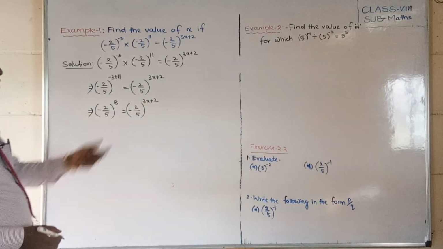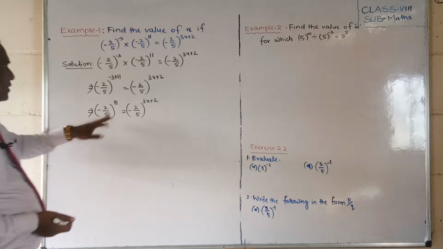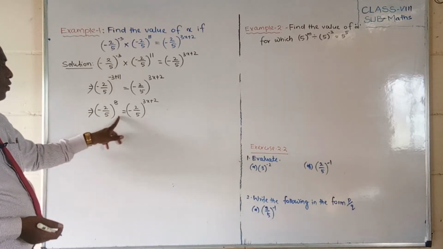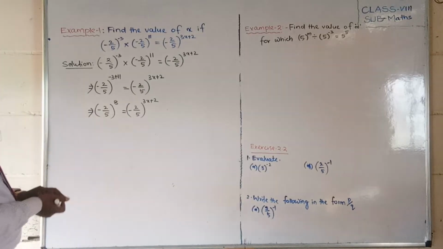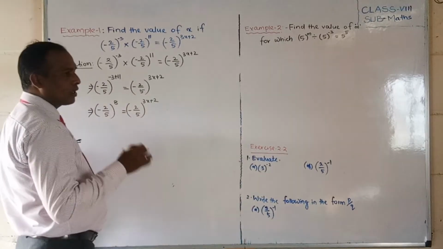Now here you have to understand, students, on both sides of the equal sign the base is the same, so hence the powers are also equal. Same base having equal powers.